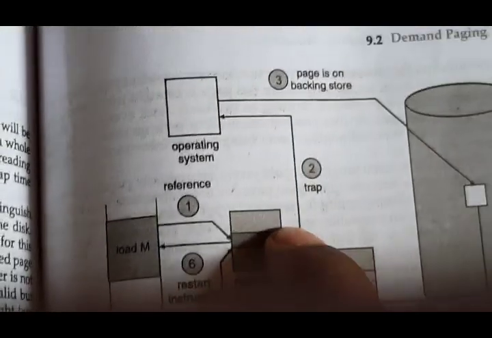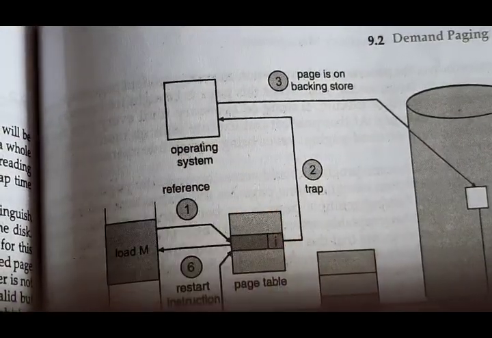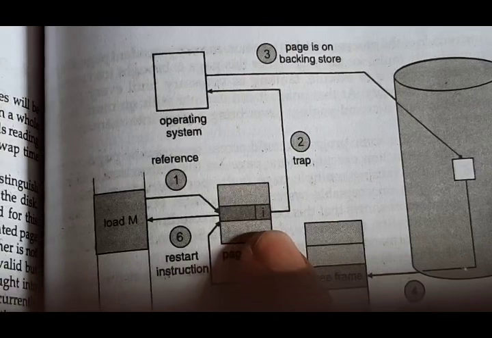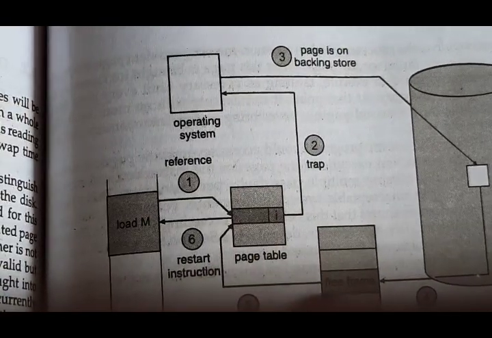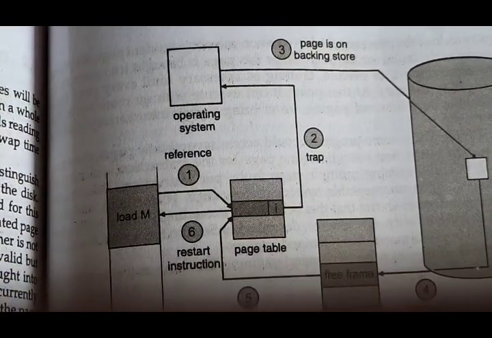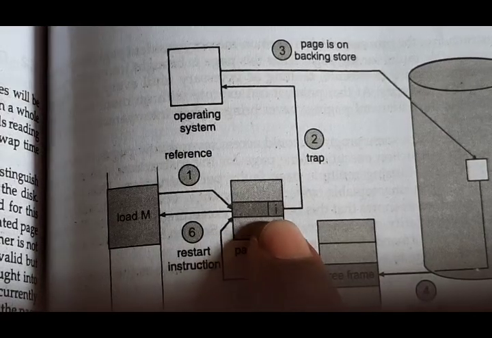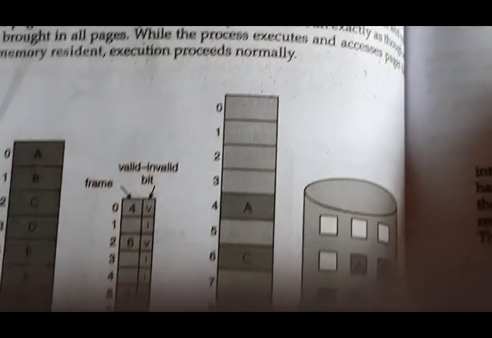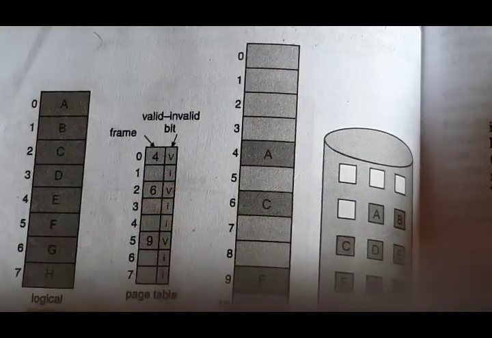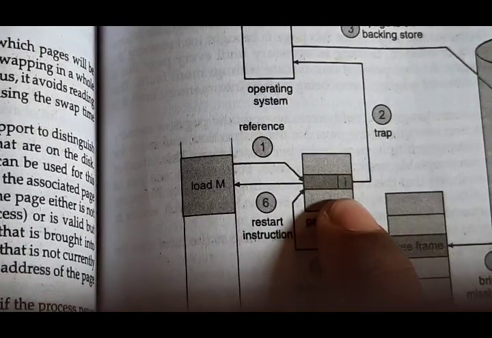For example, if page A is not present here, it says invalid. If any page is not present here, it is invalid; if it is present, it's valid.